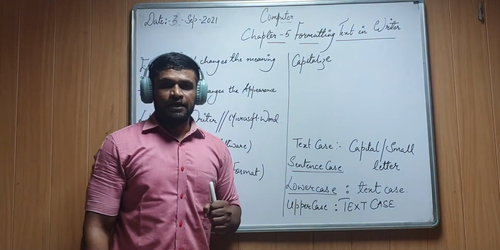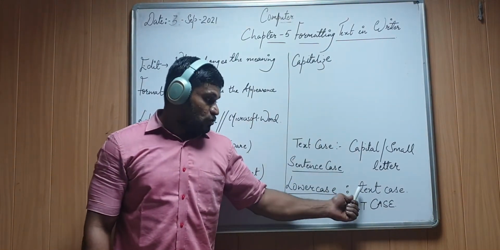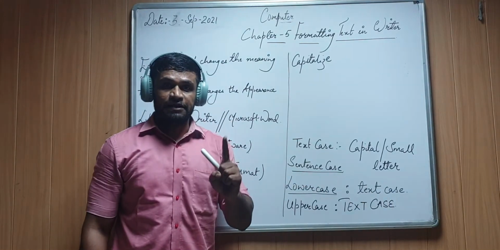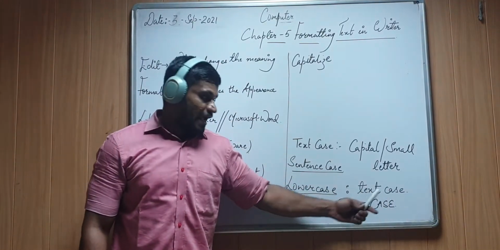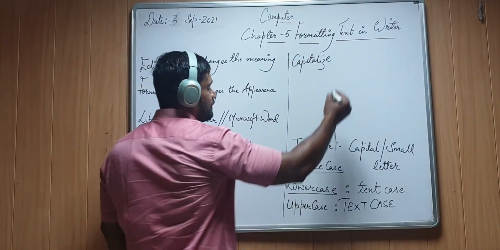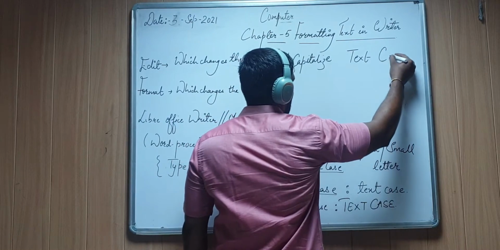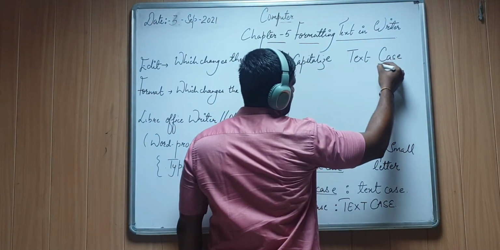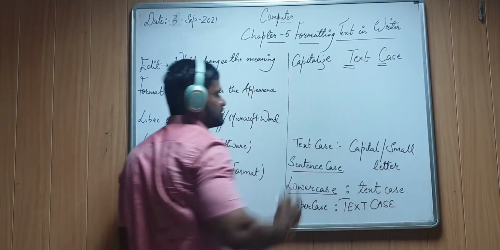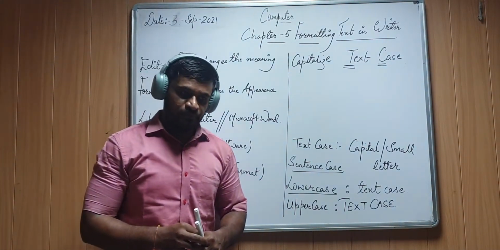If I apply the capitalize every word effect on this, what will happen? दोनों words का first letter, text के अंदर T and case के अंदर C, they will become capital. So the word will be shown like capital Text and Case. So as you can see, the beginning letters of the word will be converted into capital form.